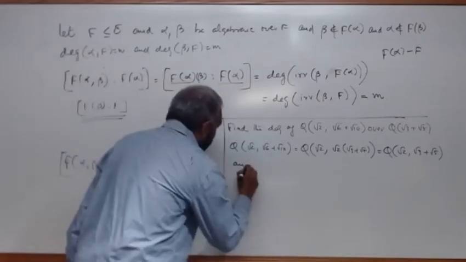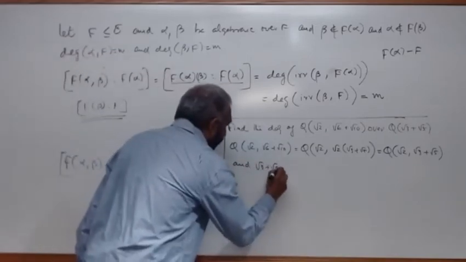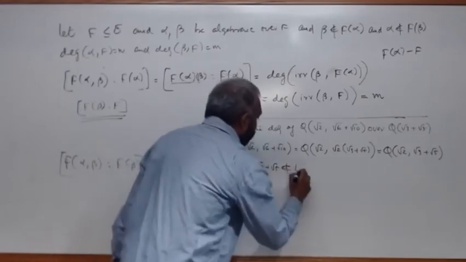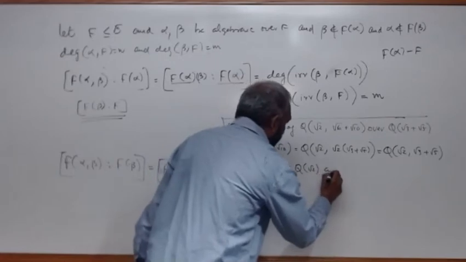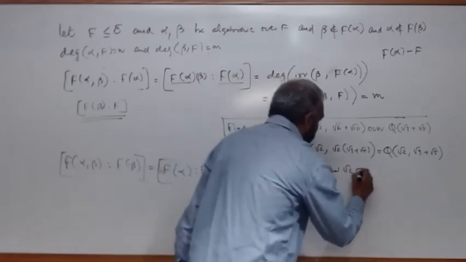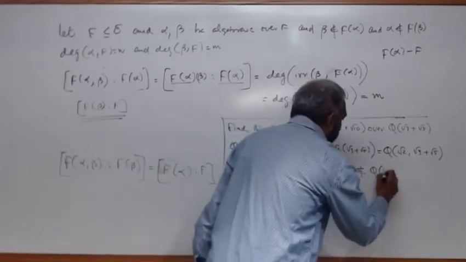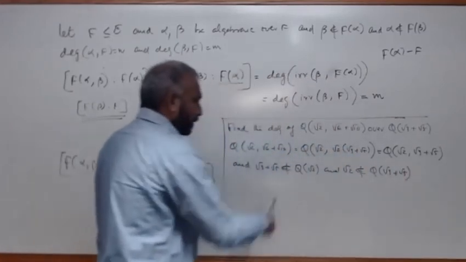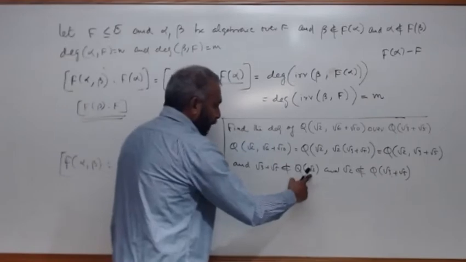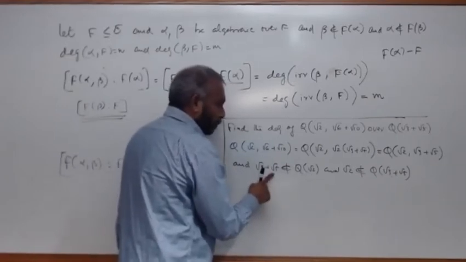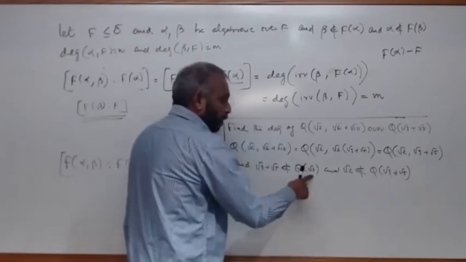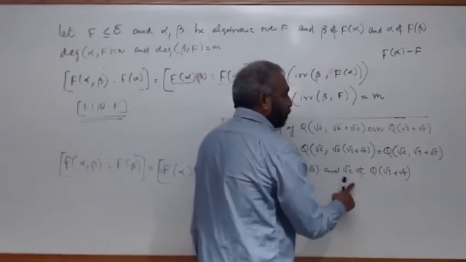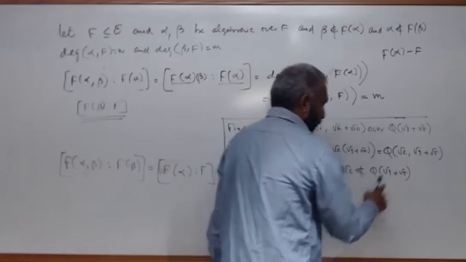And root 3 plus root 5 does not belong to Q of root 2, and root 2 does not belong to Q of root 3 plus root 5, because root 3 plus root 5 cannot be expressed as a linear combination of root 2, and root 2 cannot be expressed as a linear combination of root 3 plus root 5.